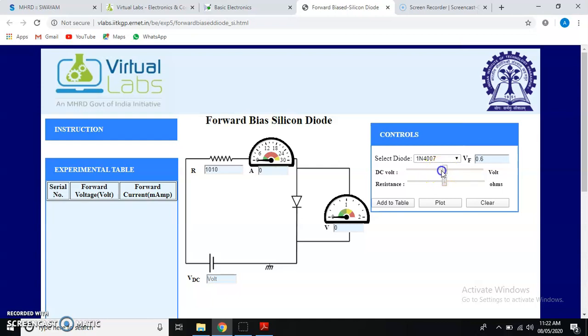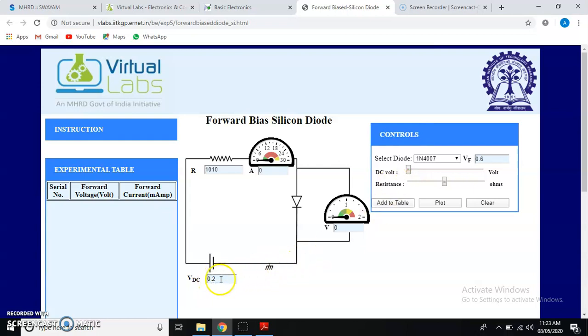Okay. Now when we vary this DC voltage, meaning this externally applied voltage, there will be a change in the operation, and that is notified here on the meters. Let us keep that DC voltage at the minimum point.